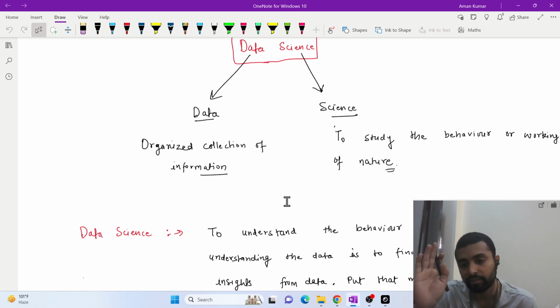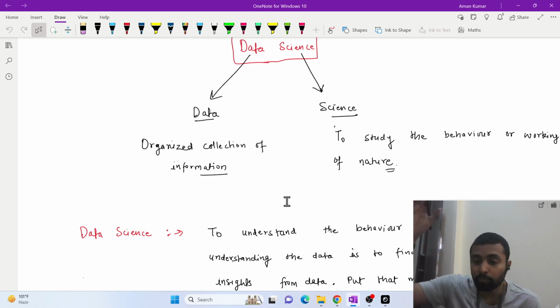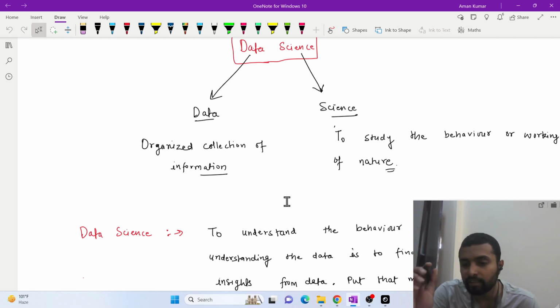If any object falls towards the earth, why does it fall towards the earth? Why does it not go against the earth, why does it fall down and not go up? There must be a reason, and that reason is the gravitational force.